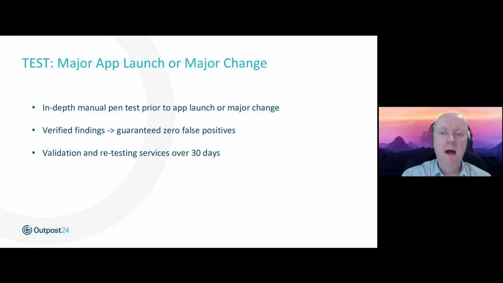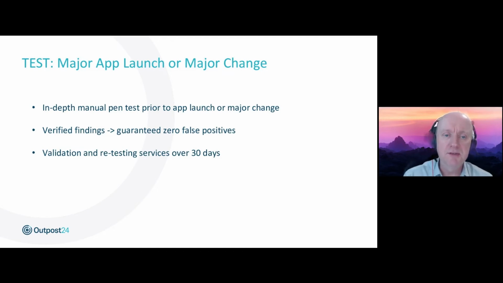So again, as Outpost 24, we've identified that many organizations do a traditional pen test of an application, but nowadays, as I was reading this morning, there are still significant skill shortages in the cybersecurity industry, and specific knowledge about application security means it can be very difficult for organizations to perform these pen tests before pushing the application live.